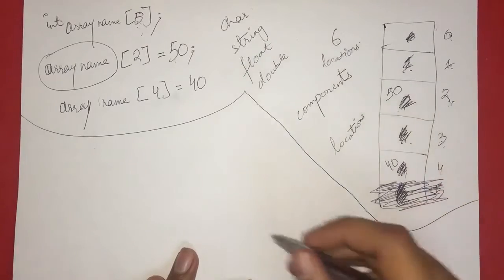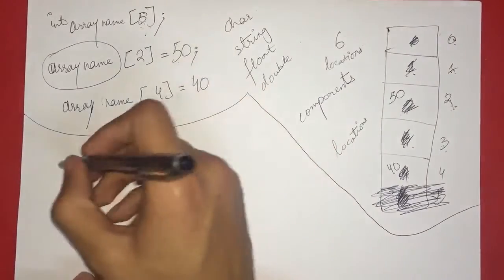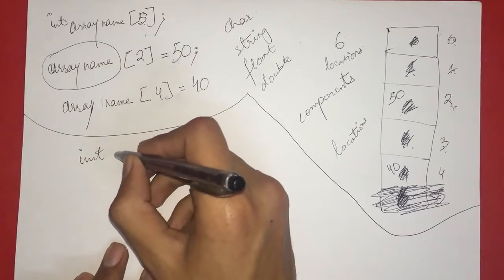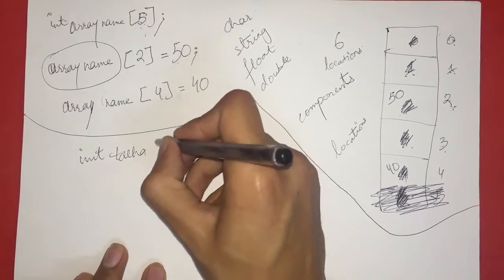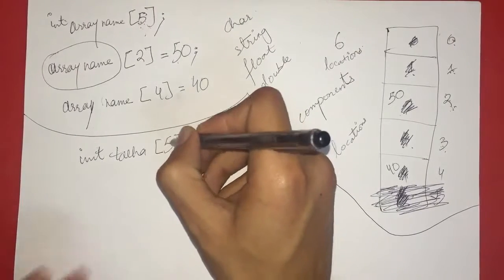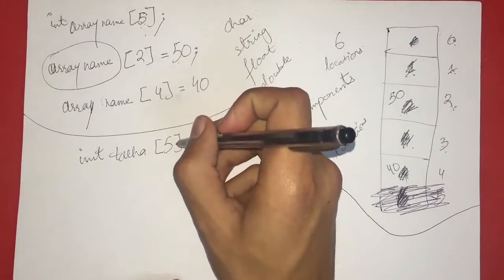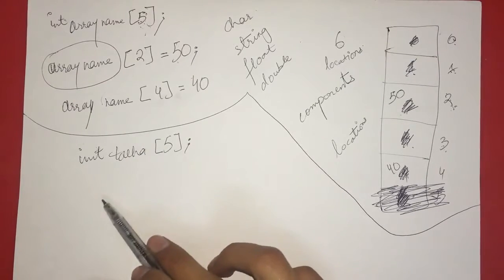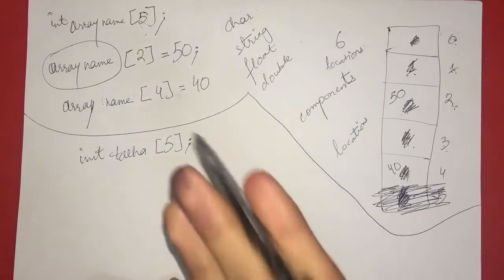Sorry, I was confused. So the program the teacher gave us today: we had to first build an array. So for example, int talha, and you had to make an array of length 5, meaning it should have 5 components, 5 memory locations within it. And then you had to prompt the user to input for every component of the array.